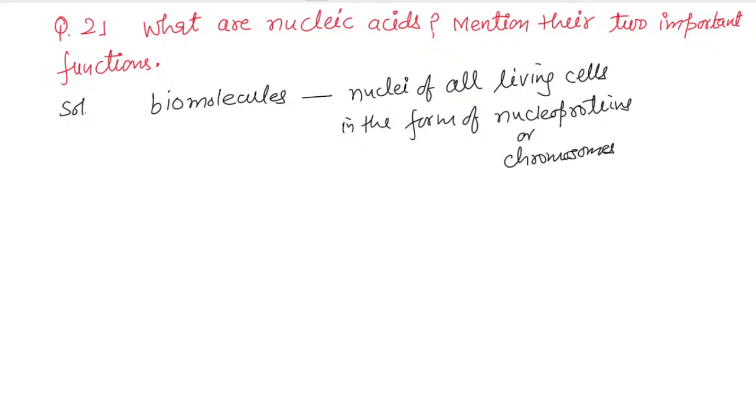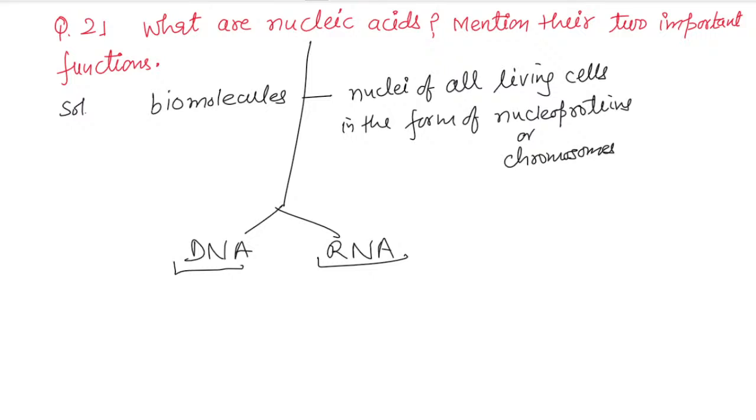Chromosomes are proteins containing nucleic acids as the prosthetic group. Nucleic acids are of two types: DNA and RNA. DNA means deoxyribonucleic acid, and RNA means ribonucleic acid. And what are their functions?